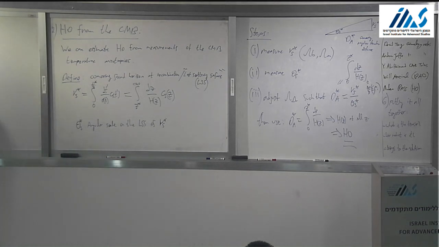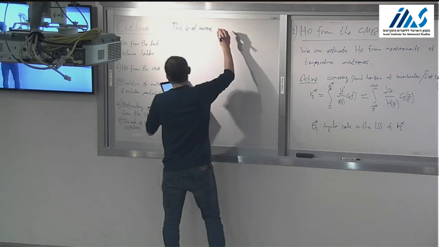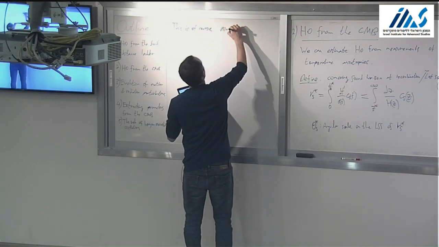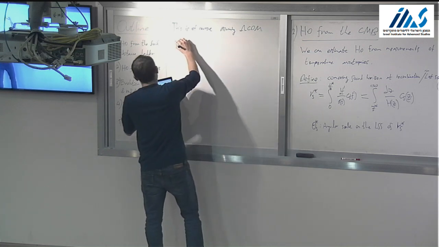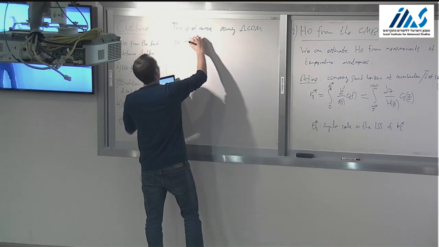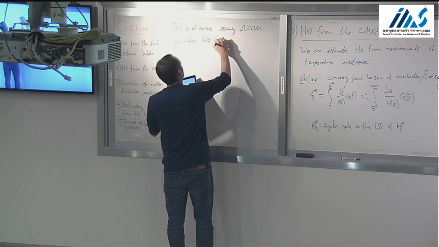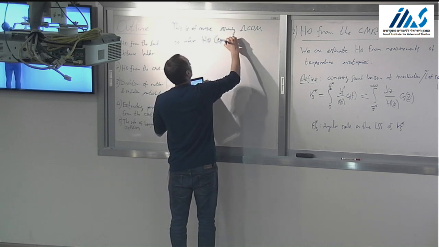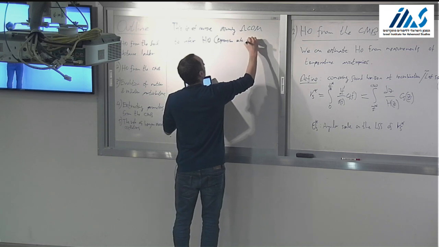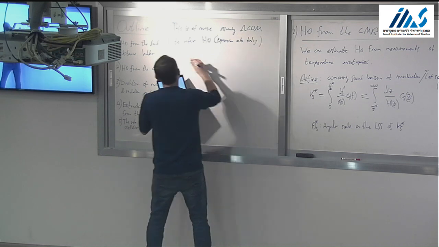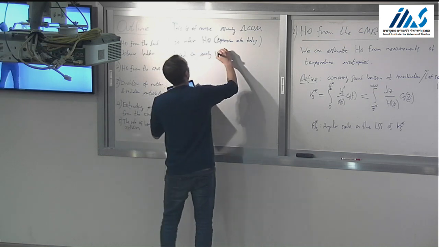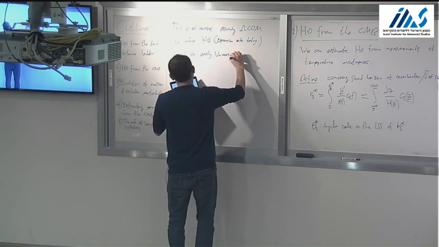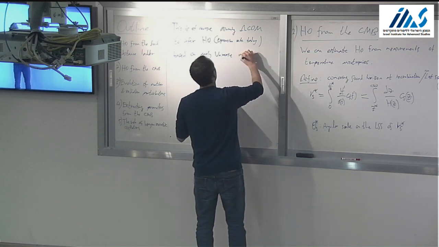All right, so let me just remark that this is, of course, assuming LambdaCDM, in order to infer H naught, the expansion rate today, based on early universe measurements.